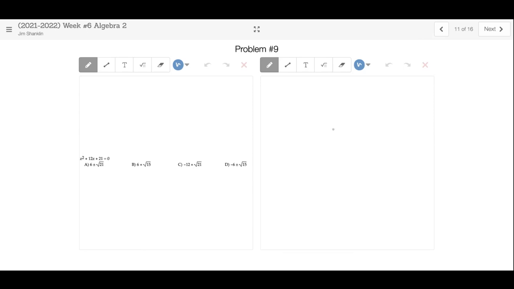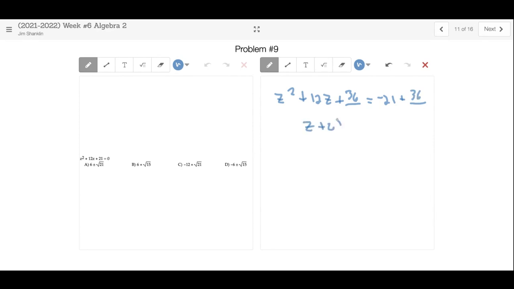All right. Problem number 9. I don't know if this is the exact same one. It sure looks like it, doesn't it? I'm going to go z squared plus 12z equal to negative 21 plus something. Half of 12 is 6. 6 squared is 36. This kind of seems like we did this one already.